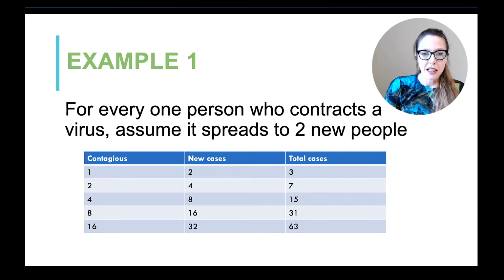For instance, if for every active contagious case that was out there, it spread to 2 people, we could maybe model it as follows. If one person is contagious and it spreads to 2 people, the new cases that would result out of that one person would be 2 new cases, bringing the total number of cases to 3.